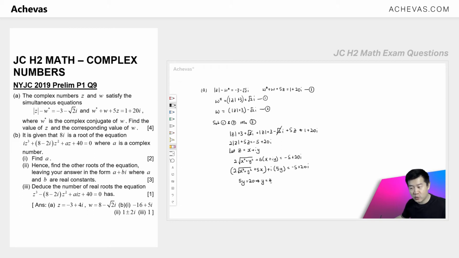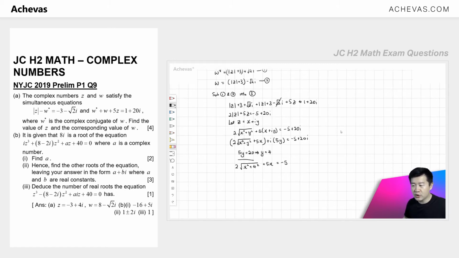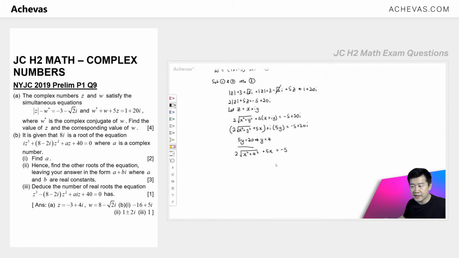So let's substitute y into this. It will be 2 square root of x squared plus 4 squared plus 5x. This is going to be equal to minus 5. So let's try to solve algebraically for x. I'm going to bring this over to the right hand side.